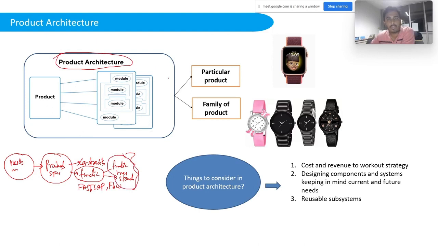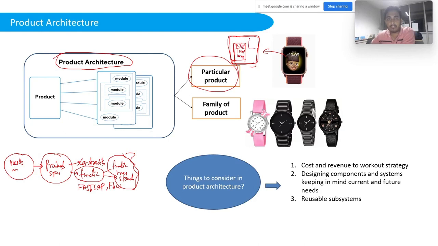So basically there are two types of product architecture. One is related to particular products, which is how a product architecture is defined inside a product. For example, if a product is a watch, if it's a digital watch, it will have timekeeping hardware, which is called an RTOS.